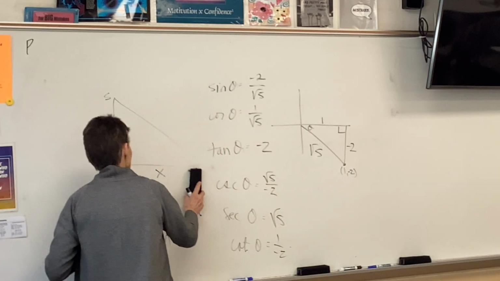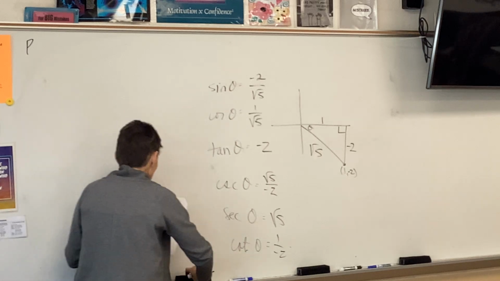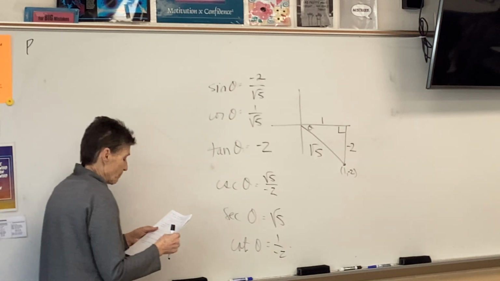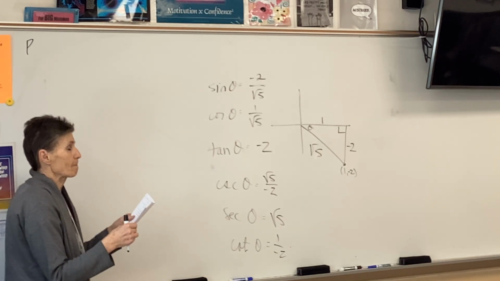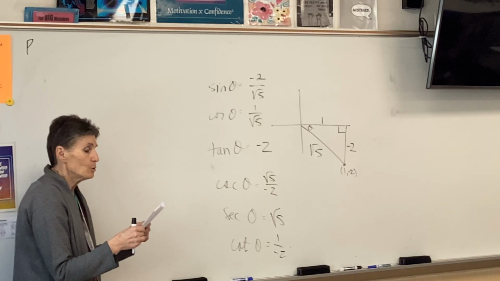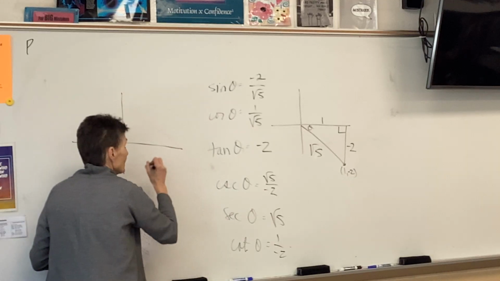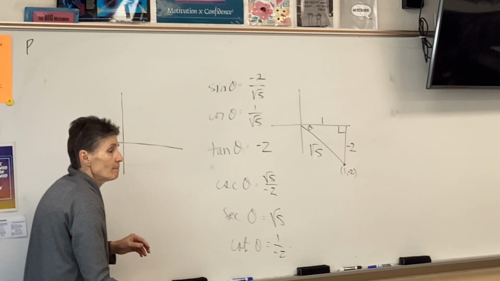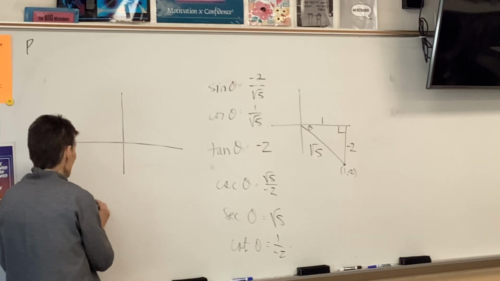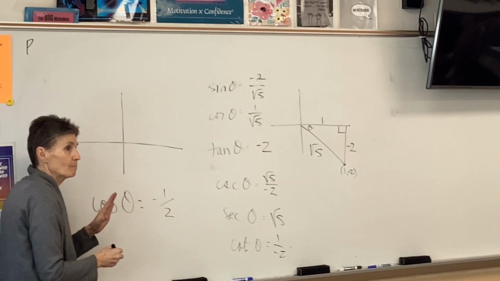A lot of us are missing this question in the homework, so let's look at this one very carefully. What are the 2 angles whose cosine is -1/2? We want the cosine to be a negative number.